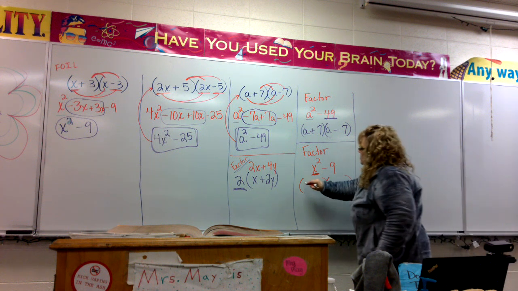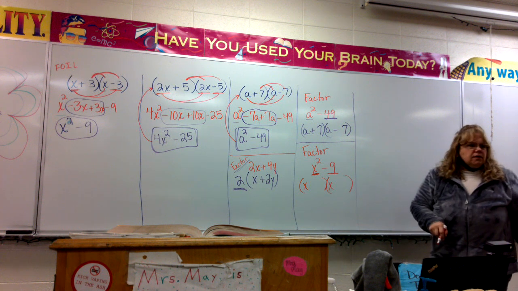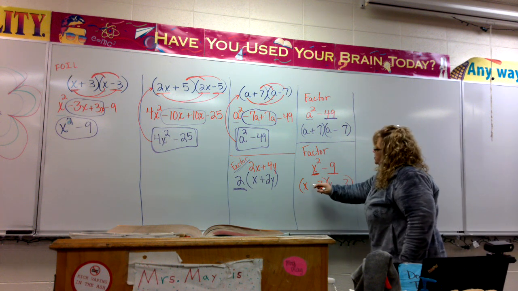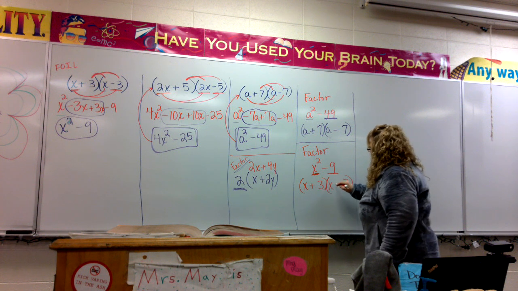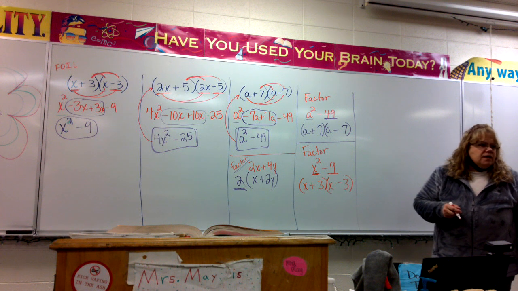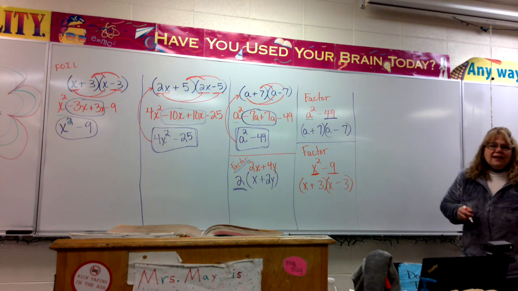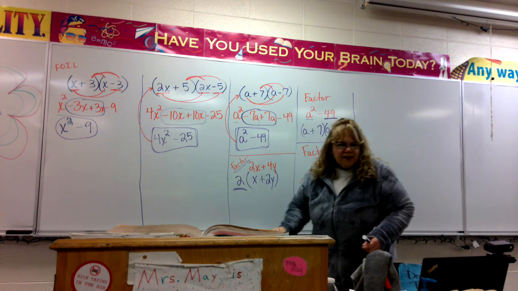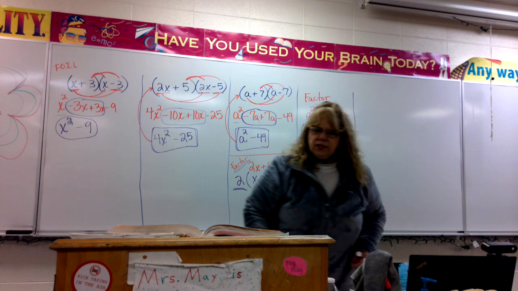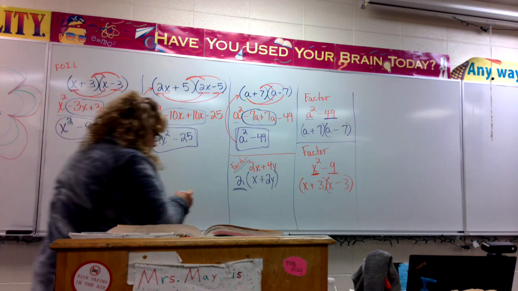Has to be x times x. What times what gives you 9? 3 times 3. And what should I put in there for the signs? Positive and negative. So far, so good? It's not that bad, right? And there's not any work really to show for that, is there?